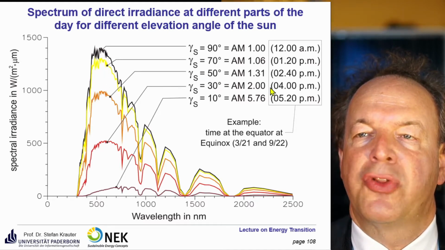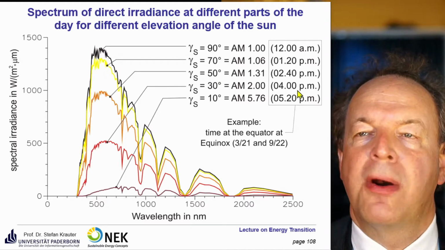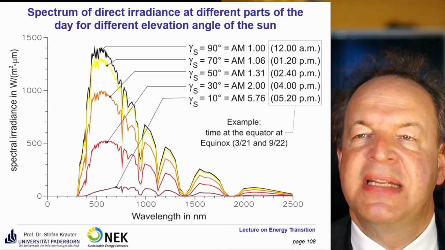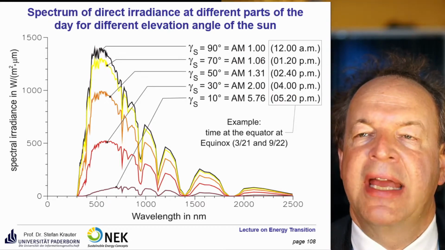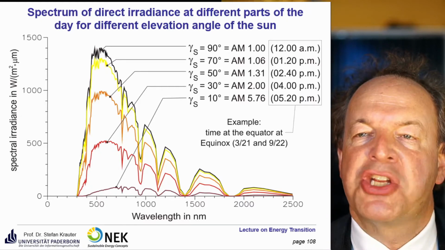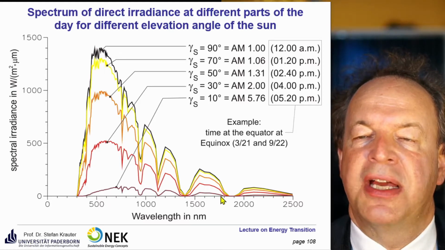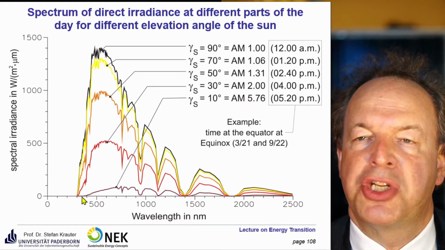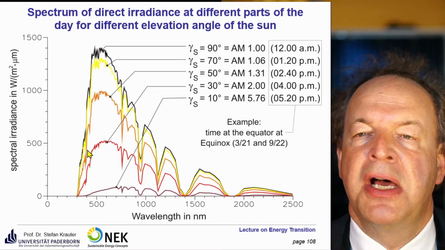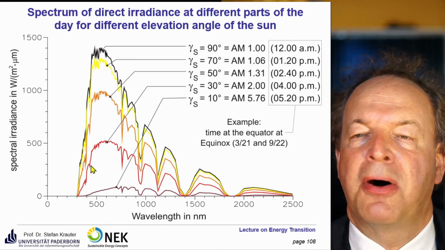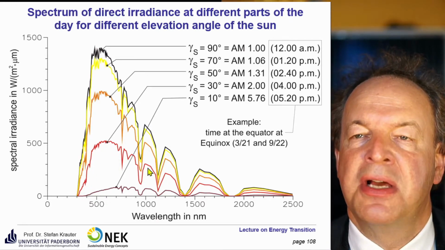If you wait further on, for example, to 4 p.m., 4 hours after midday, we have already AM2 at an elevation angle of 30 degrees, and we see here the drastic reduction of the intensity of solar radiance, but also a change in spectrum. So here the blue and ultraviolet part is heavily reduced, but also here some bands are reduced.